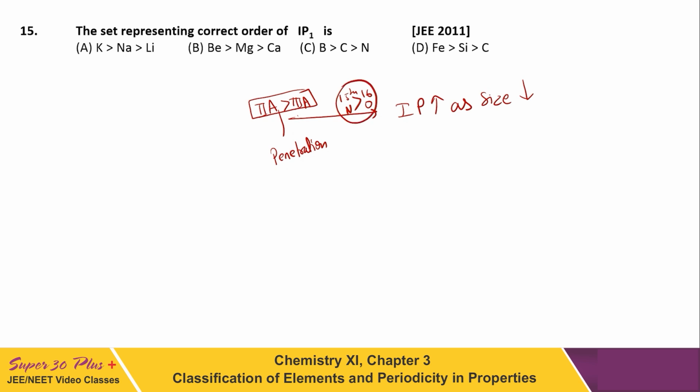So in this question, the correct order of first ionization enthalpy will be option number 2, where beryllium has the maximum IP, it is greater than magnesium, and of course calcium is smaller because it goes down the group. From magnesium to calcium, we go down the group and IP decreases. So this is the correct order of IP.